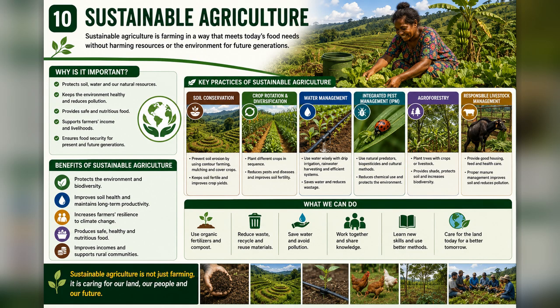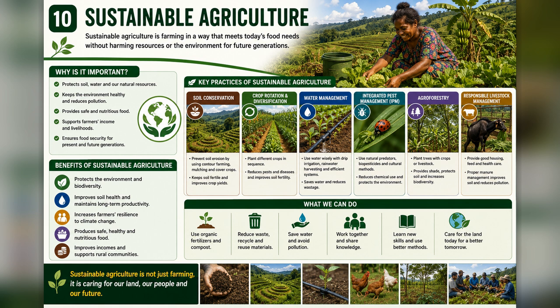Sustainable agriculture means farming in a way that meets today's food needs without damaging the environment for future generations. It protects soil, water, forest, and biodiversity.